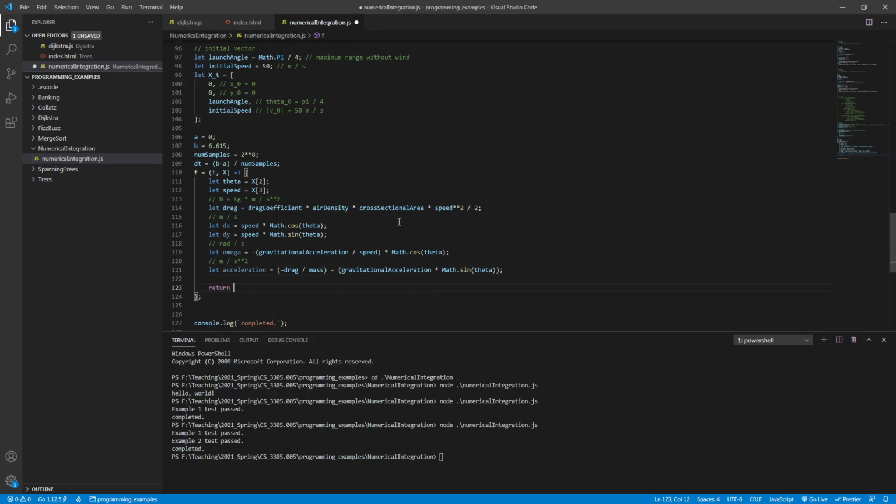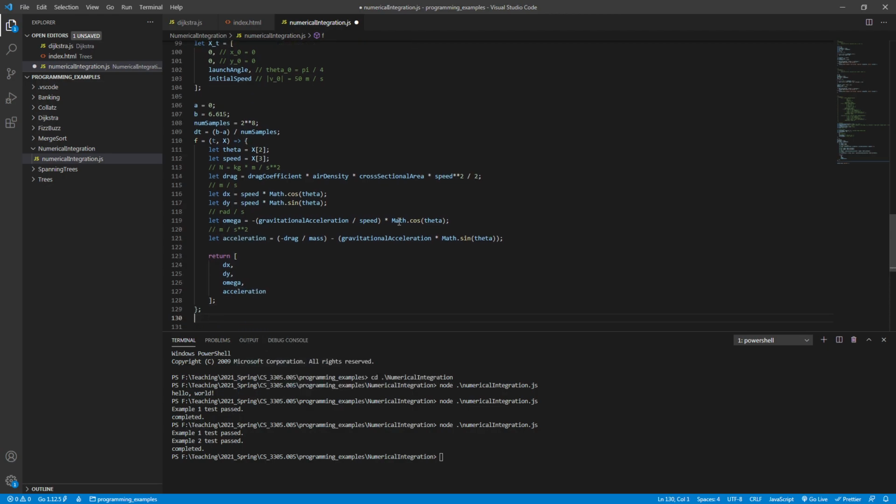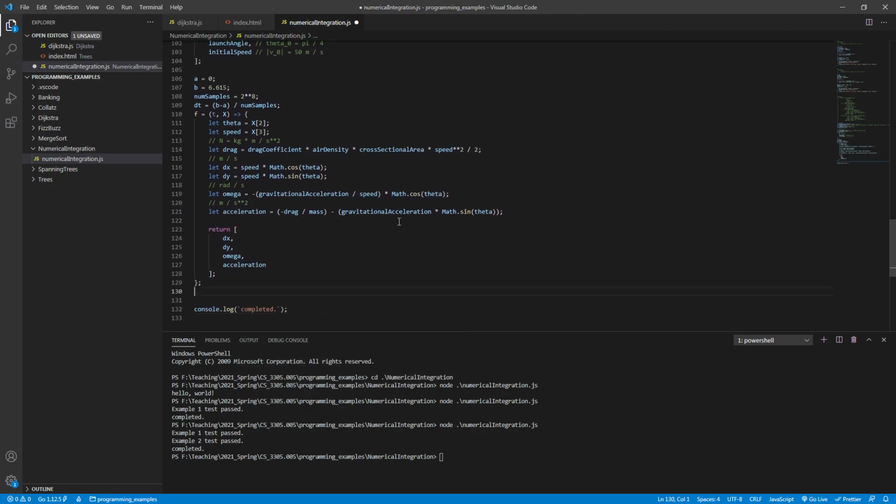And so now the return of the function returns the vector. So it returns our derivative vector: dx, dy, omega, and acceleration.